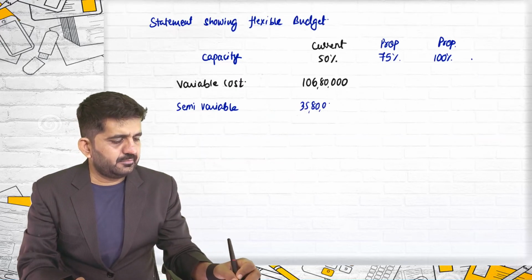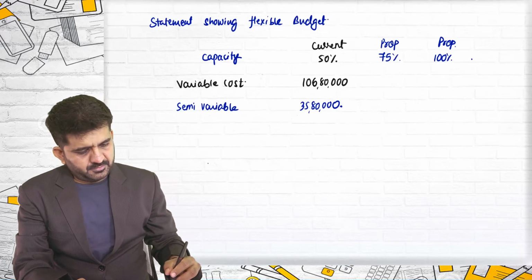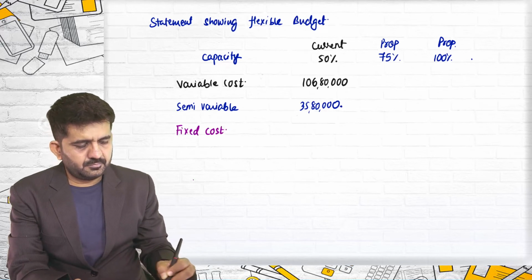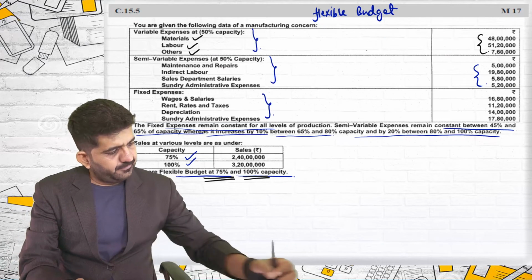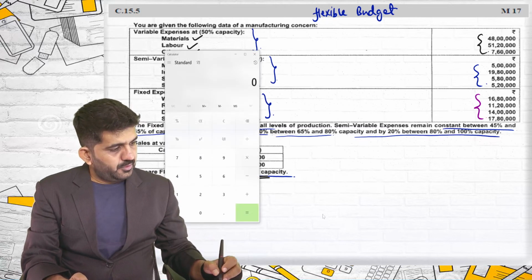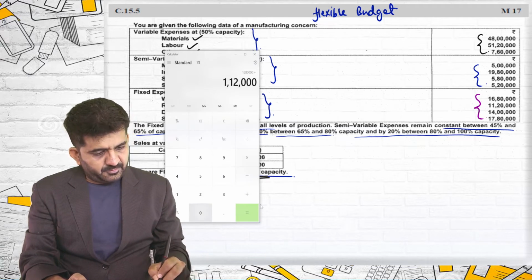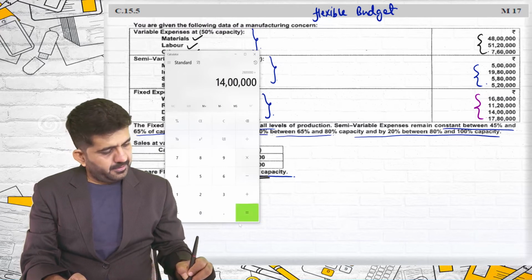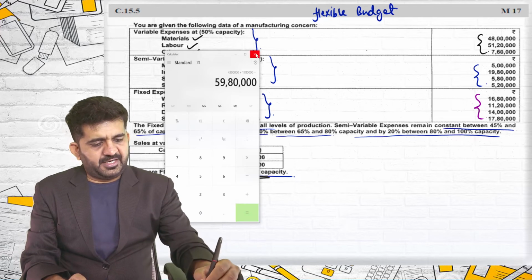What are my fixed costs? Third is fixed. Fixed cost will be the total of these four, which is 16 lakh 80,000 plus 11 lakh 20,000 plus 14 lakhs plus 17 lakh 80,000. 59 lakh 80,000.